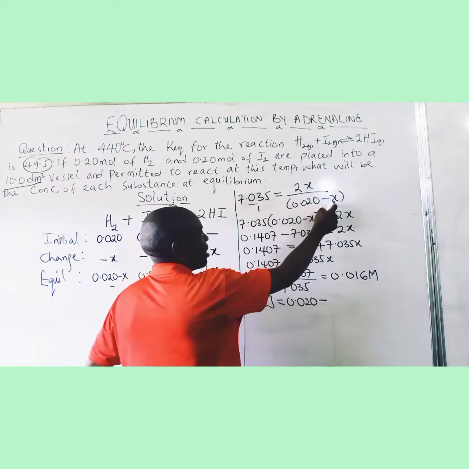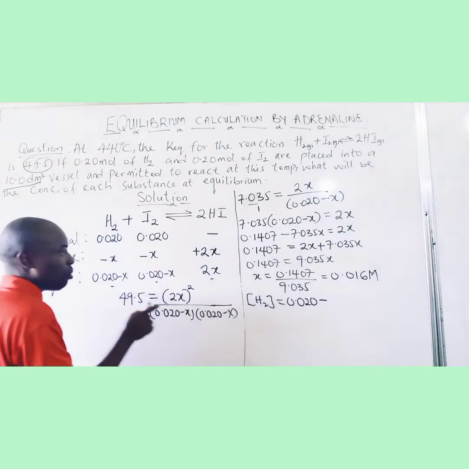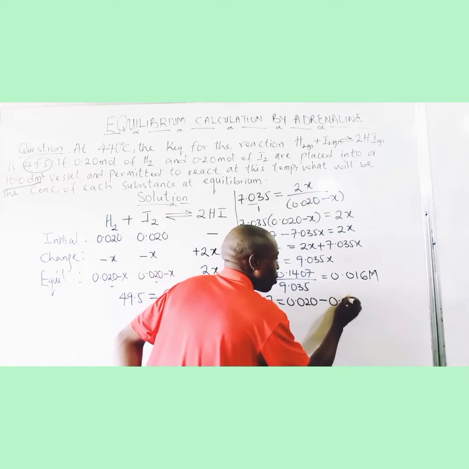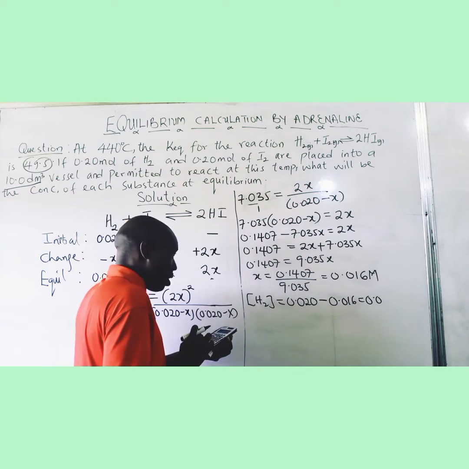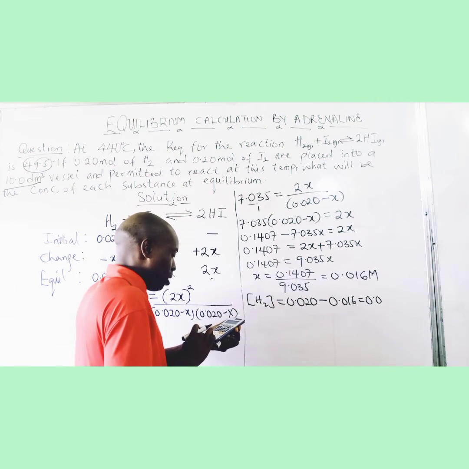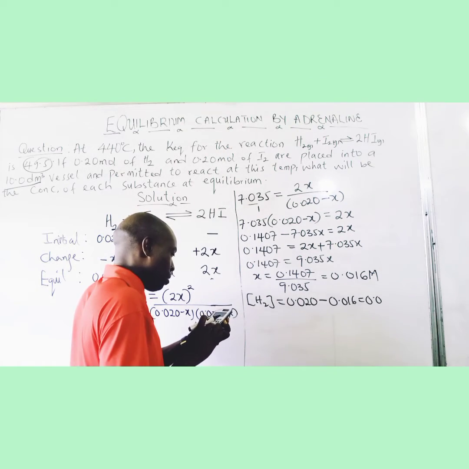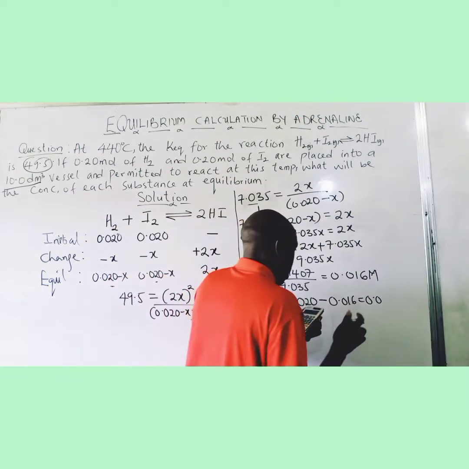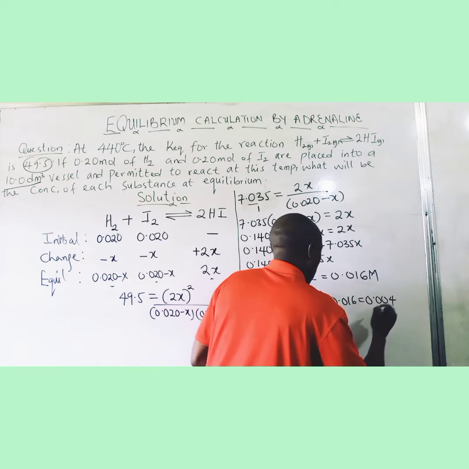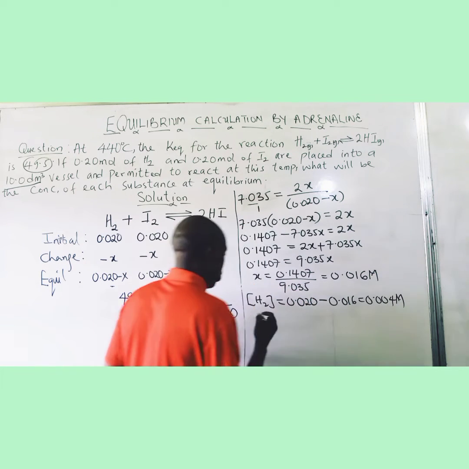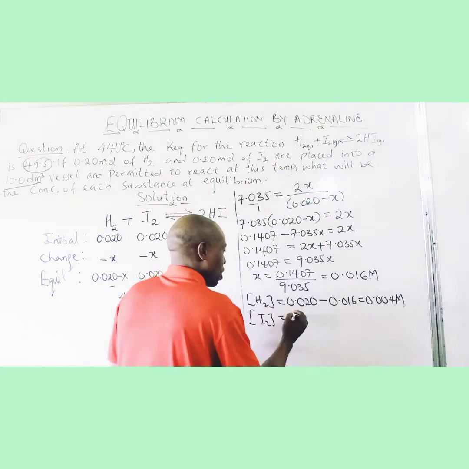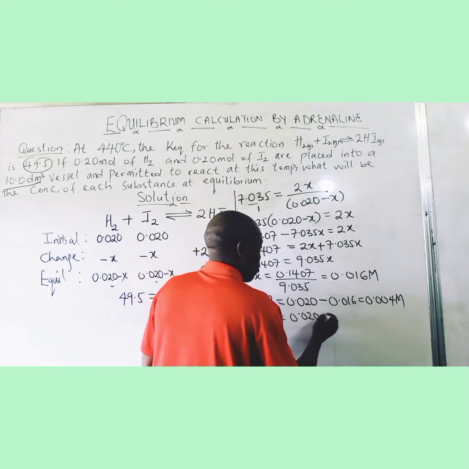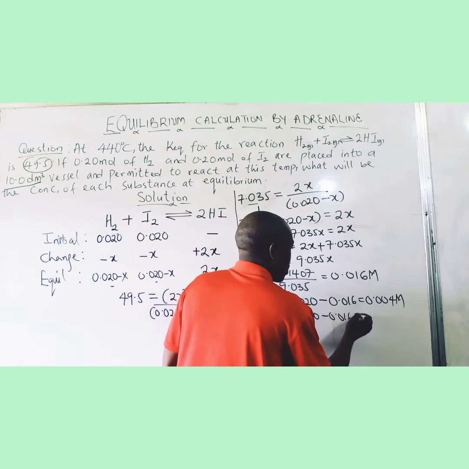Remember, this x, which we have gotten to be 0.016, will give me 0.004 molar concentration. That of I2 also gives 0.020 minus 0.016, 0.004 molar concentration.